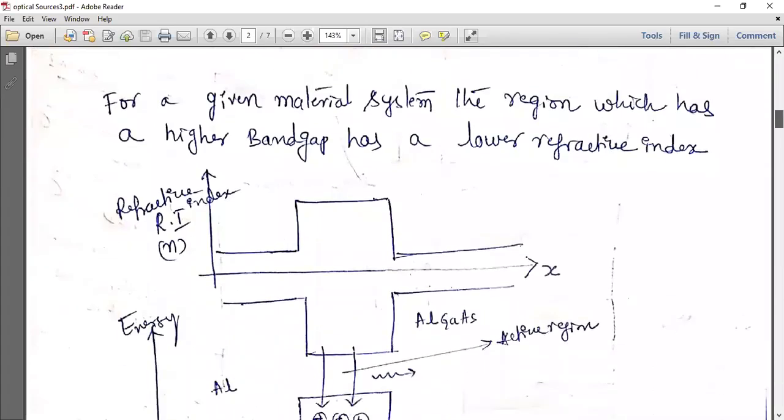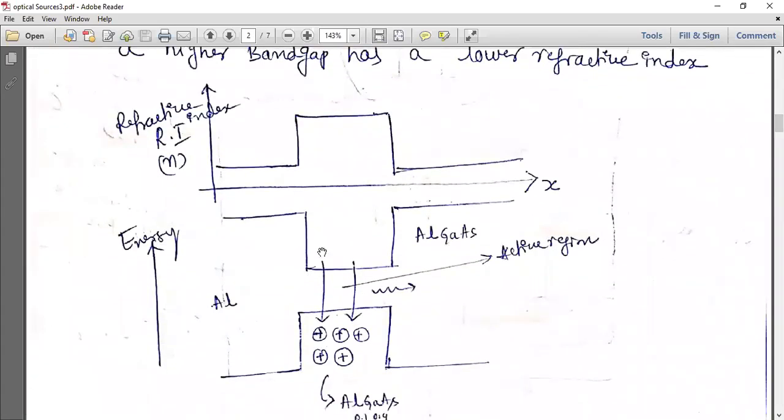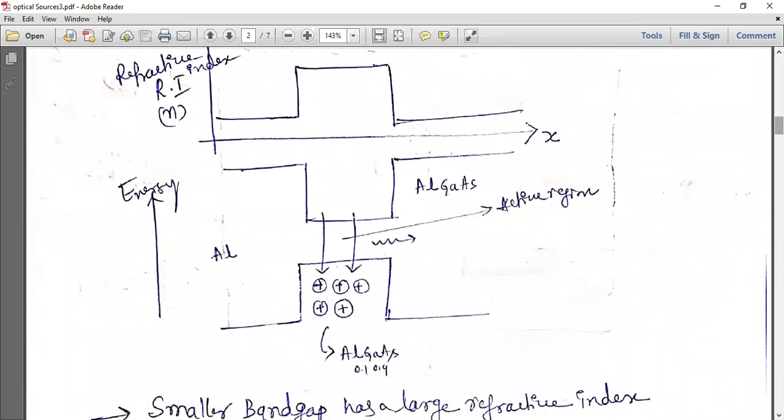Okay, once you have written the energy band diagram, you can also write the refractive index. We know that the refractive index is inversely proportional to the band gap. So if the band gap is less, that is, in the active region, the refractive index is more. On the other sides, where the band gap is more, in your heterojunction, the refractive index is less. That is the relation between the band gap and the refractive index.